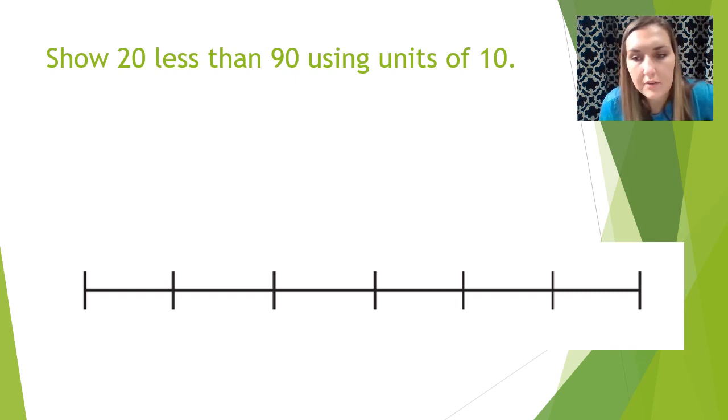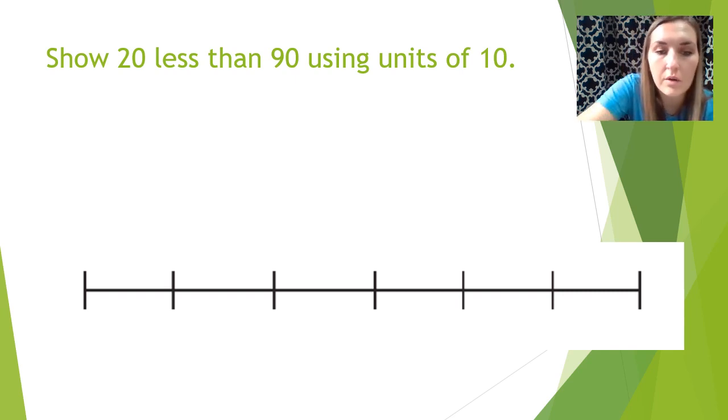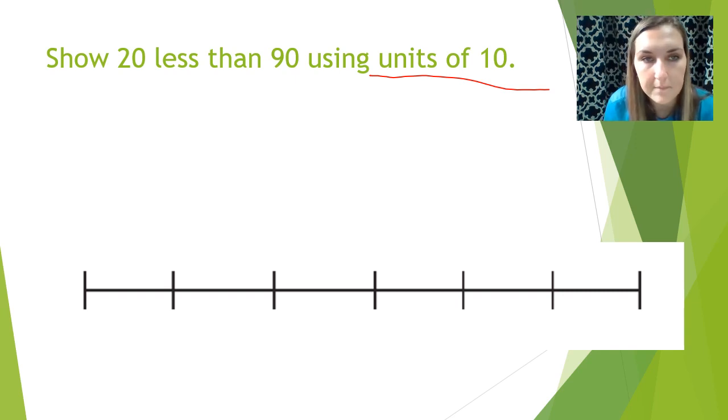What is going to be different about this number line than our last one? The difference in this number line is that the units are 10. So we're going to skip count down by tens, not fives. Make sure you always pay attention to the units. That's what we skip count by.